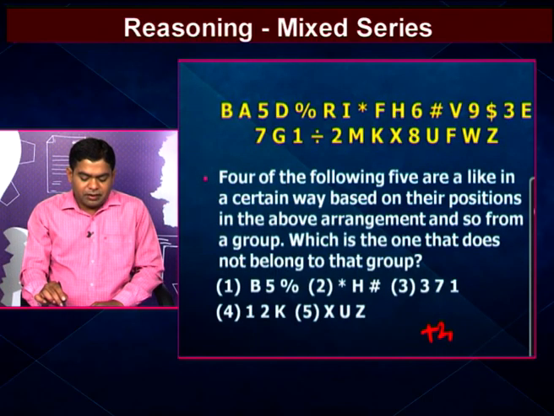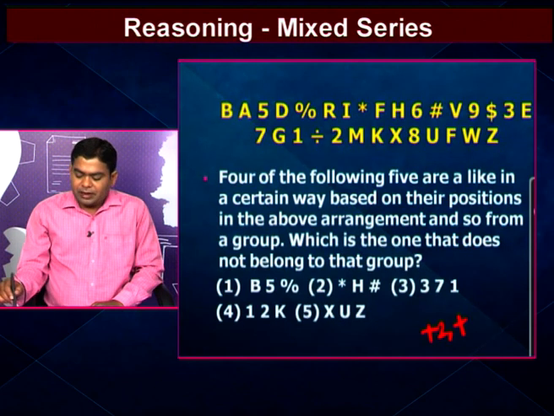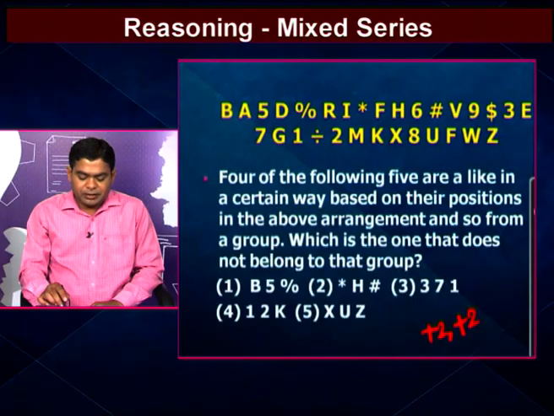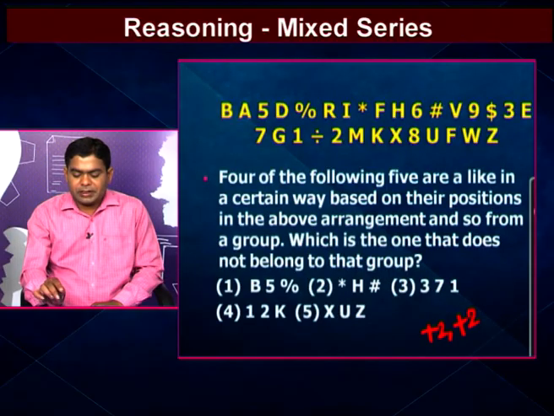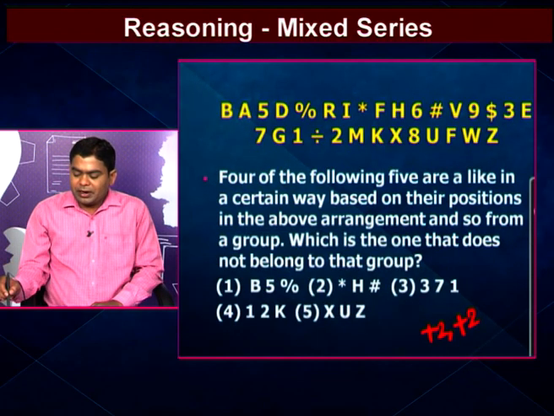Again the second one is plus 2, then we get the percentage. That means in our given series 5 is there, percentage is there, the relation between 5 and percentage is that the second element of 5 is percentage, that means the rule is plus 2, plus 2.